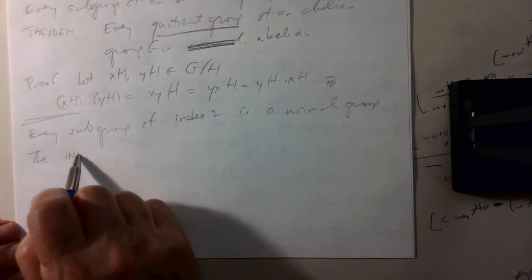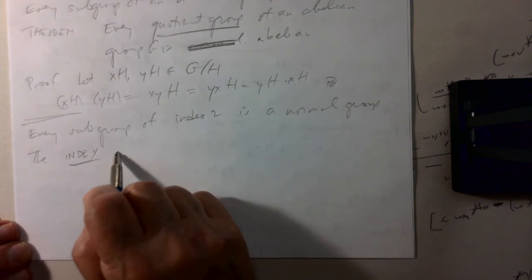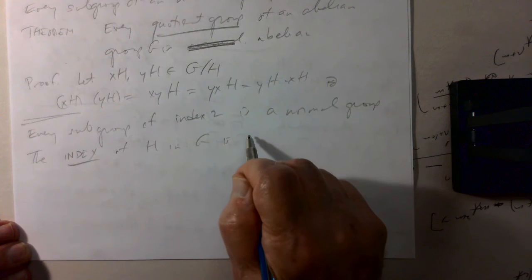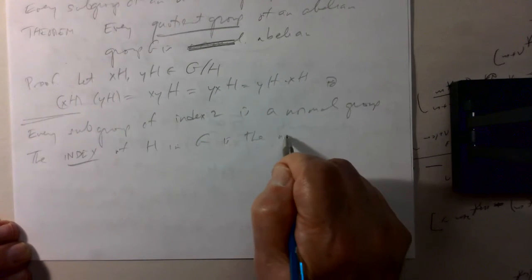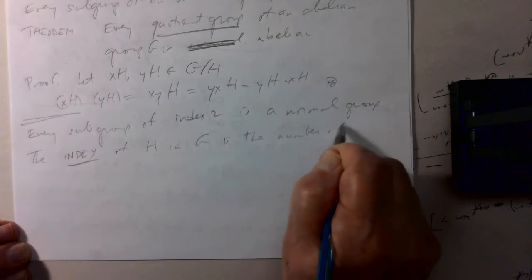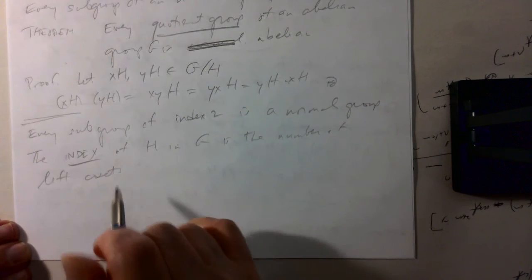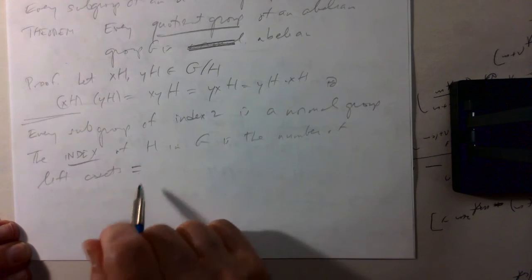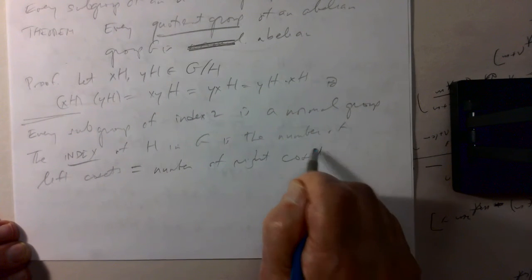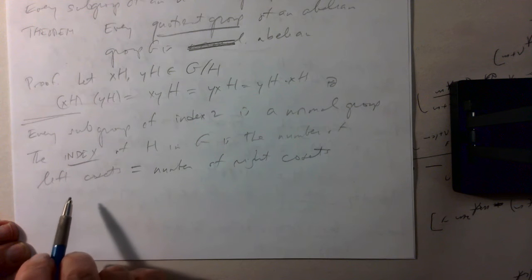So recall the index of a subgroup H in the group G is the number of left cosets. And that's also equal to the number of right cosets. So what does that mean?